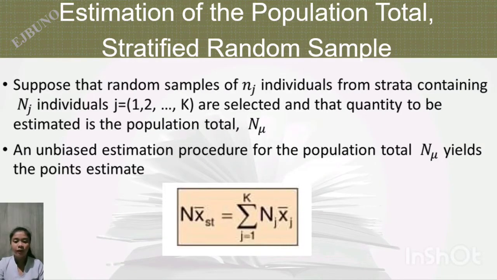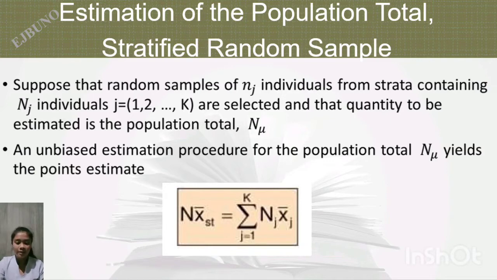Estimation of the population total: stratified random sample. Suppose that a random sample of n sub j individuals from strata containing N sub j individuals, j equals 1, 2, and so on to k, are selected, and that the quantity to be estimated is the population total N times mu.